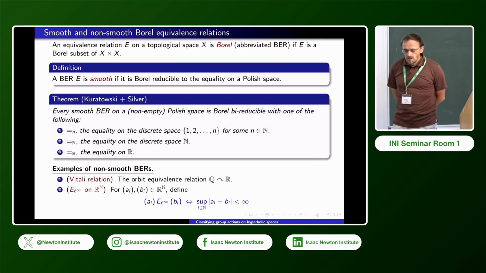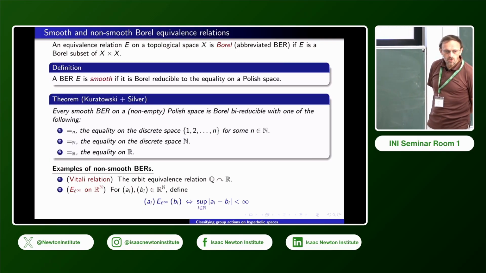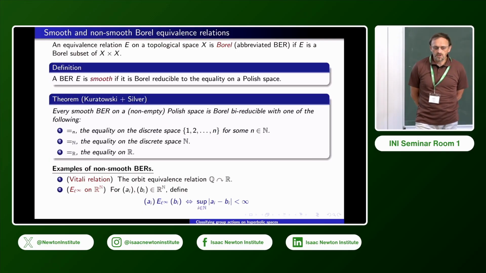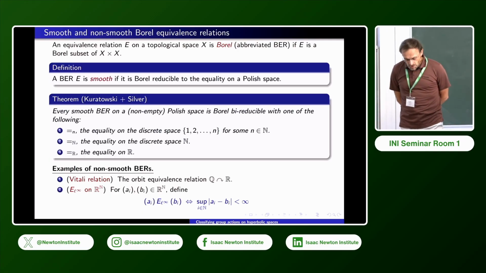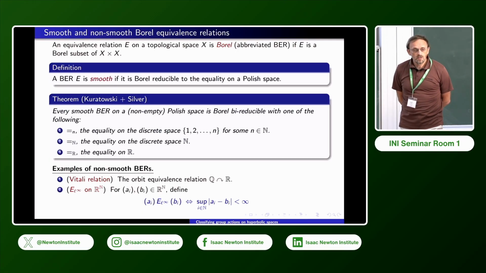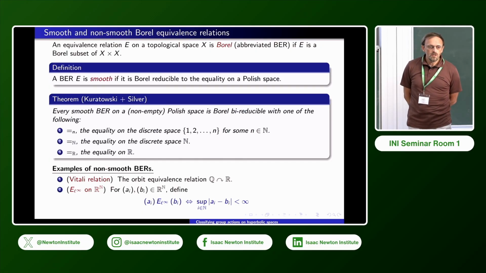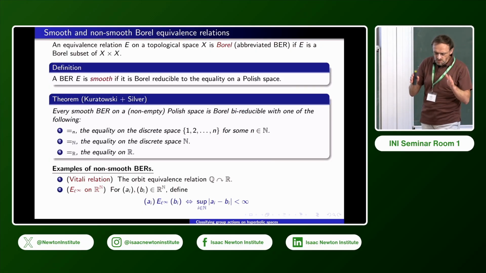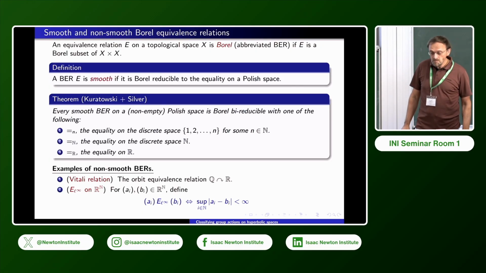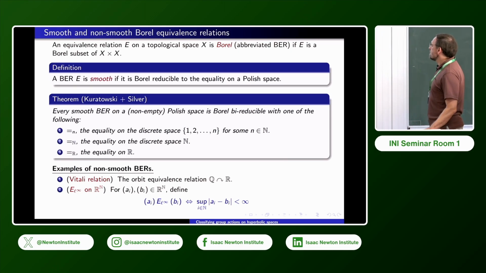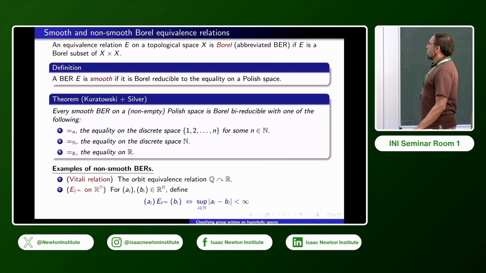If you have any group acting on a Polish space by homeomorphisms, and if your group has a dense orbit, the corresponding induced orbit equivalence relation is going to be non-smooth, if your Polish space is perfect, let's say. If your Polish space has no isolated points.